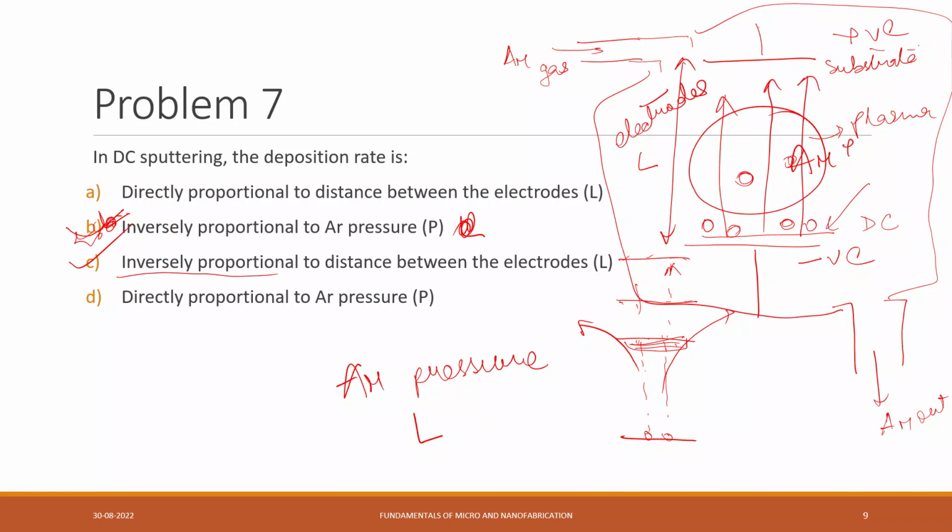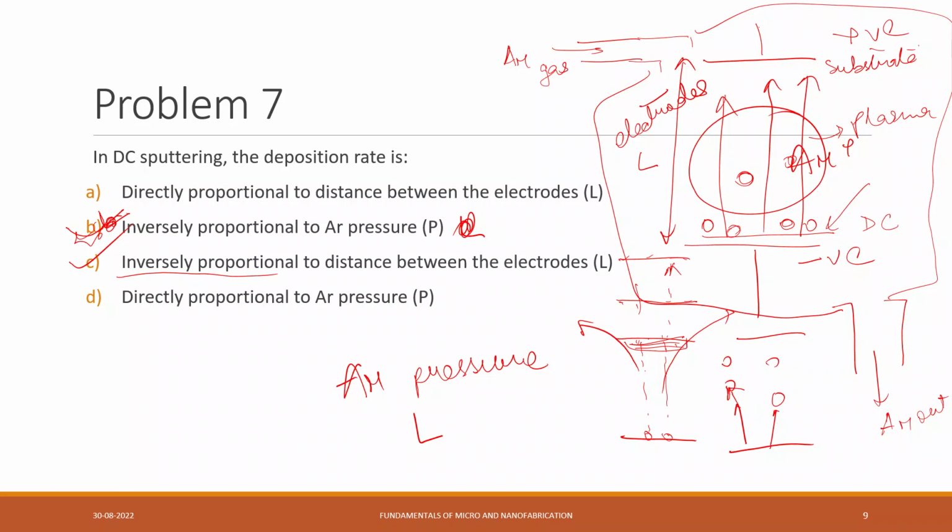Whenever the pressure increases, compared to lower pressure where we are going more vacuum, at higher pressure we usually have less mean free path.